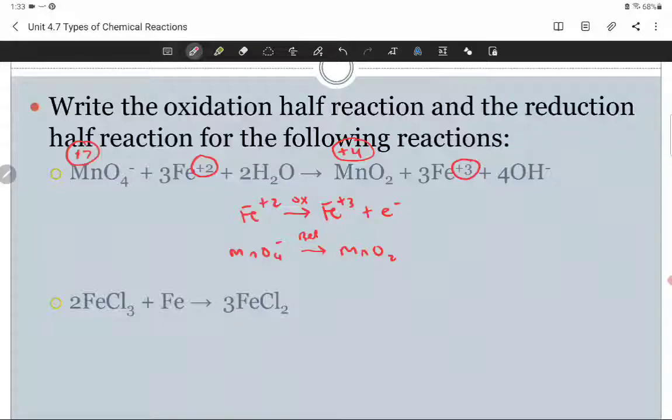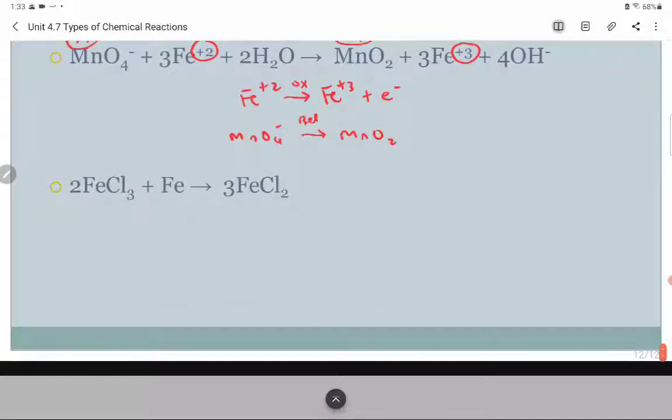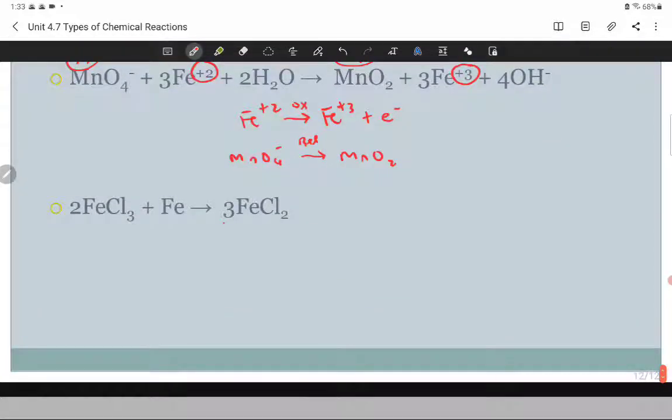Okay, and then the last one, this is an interesting one down here. Why is this interesting? Because we only have 1 product. So somehow it must be involved with both oxidation and reduction. And that's not going to happen that often, but it does happen. So, elementals, 0.